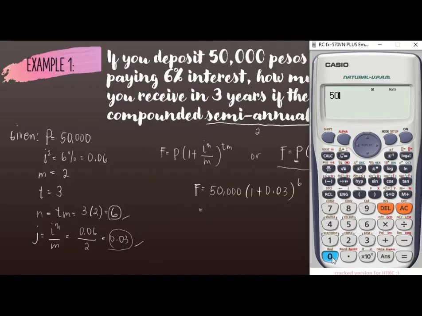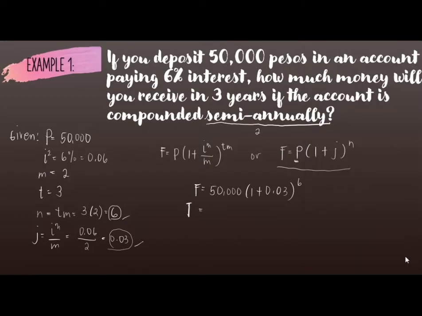So, 50,000 times 1 plus 0.03 raised to 6 equal, so 59,702.61. So, that is the future value.